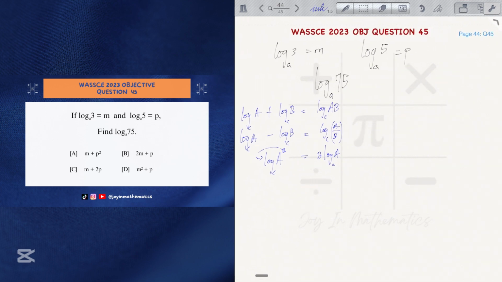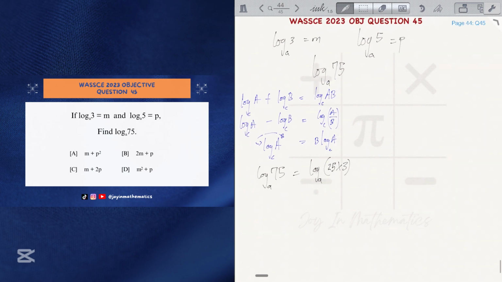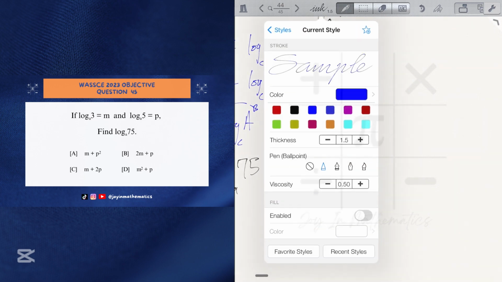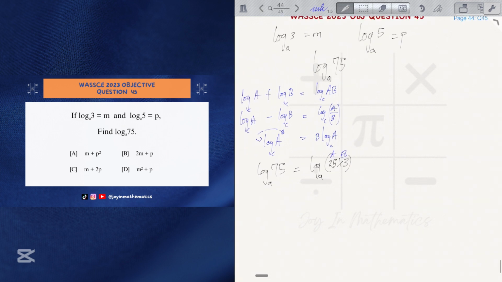The question says we should simplify log 75 to base a. Now 75 in its own right can be written as 25 multiplied by 3. So we have log of 25 multiplied by 3 to base a. We will know that this is A and this is B, so we want to apply the first formula, which is the addition law.